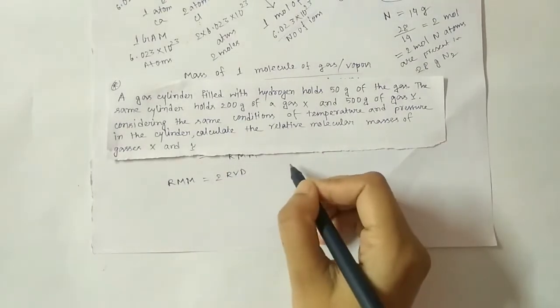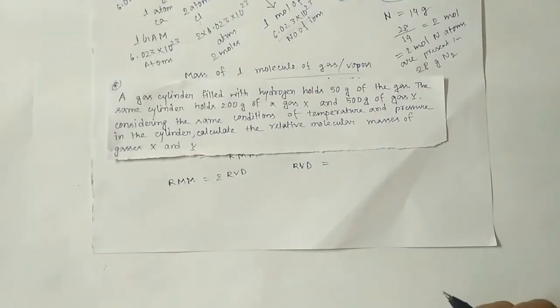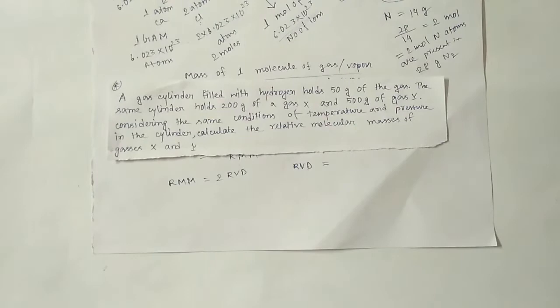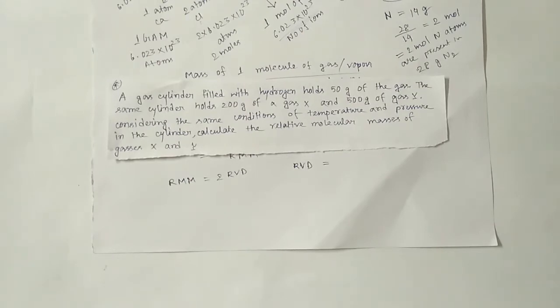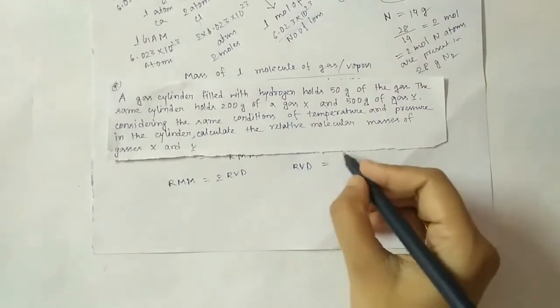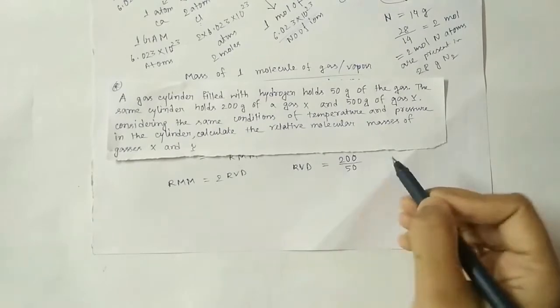So as we know that relative vapor density is equal to mass of one molecule of gas or vapor by mass of 2 atoms of hydrogen. So we know that relative vapor density is equal to mass of certain volume of gas or vapor by mass of same volume of hydrogen. So here gas X is 200 gram while hydrogen has 50 gram.